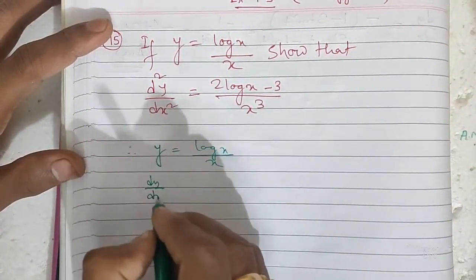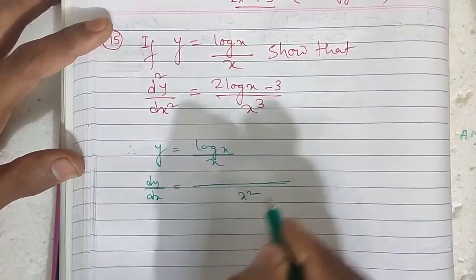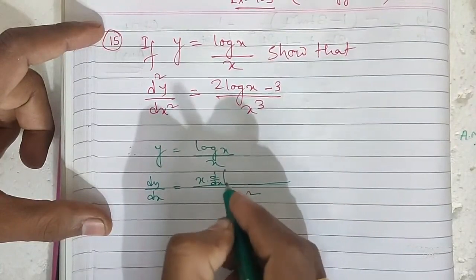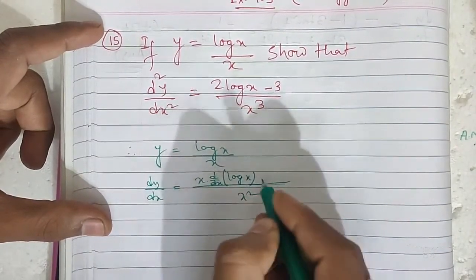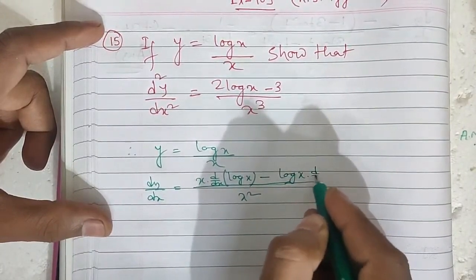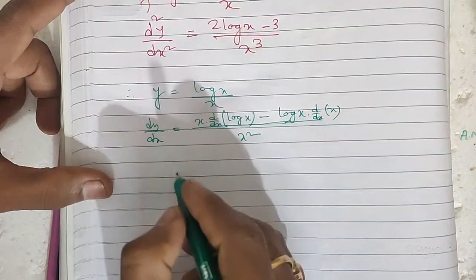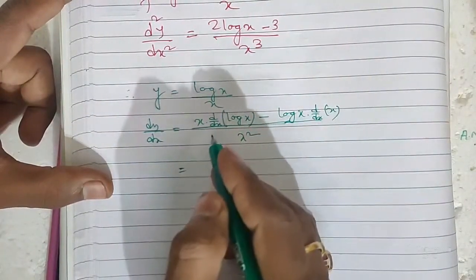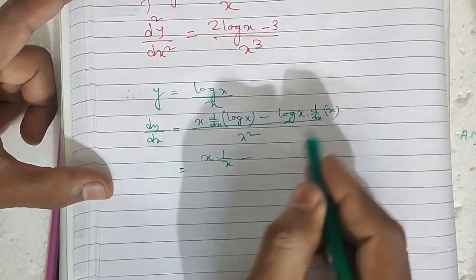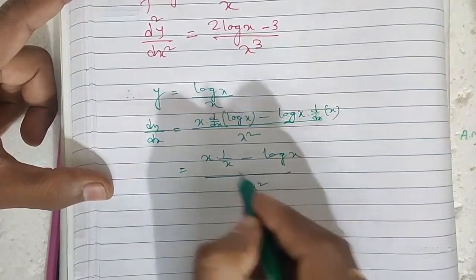So dy by dx is equals to x square in the denominator, x unchanged, ddx of log x minus log x unchanged, ddx of x. That is, ddx of log x is 1 by x, so x into 1 by x minus ddx of x is 1, so this will be 1 minus log x whole divided by x square.